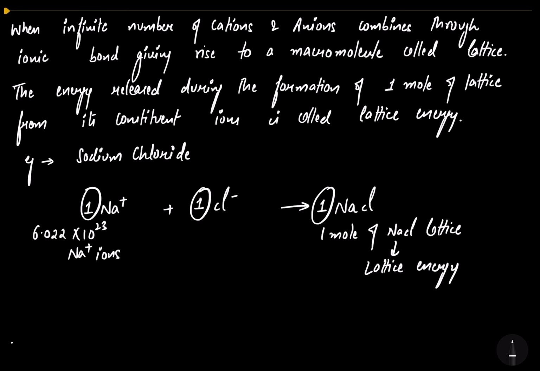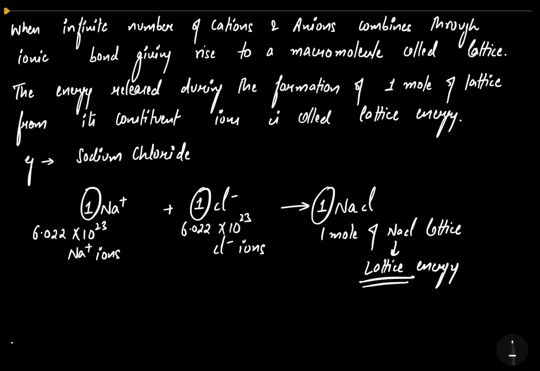And in terms of chloride ion, 1 mole of chloride ion means 6.022 into 10 to the power 23 chloride ions. When this much number of sodium ions and chloride ions combine through the ionic bond, they give rise to 1 mole of lattice of NaCl, and the energy released during this process of formation of 1 mole of lattice of NaCl is called lattice energy.